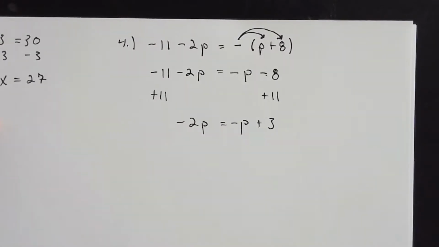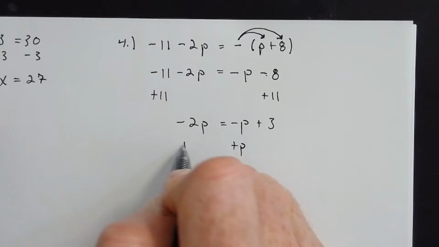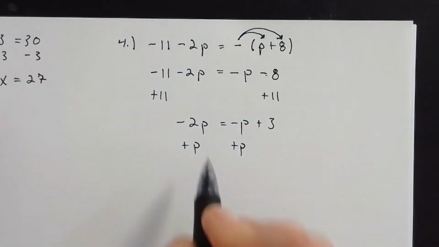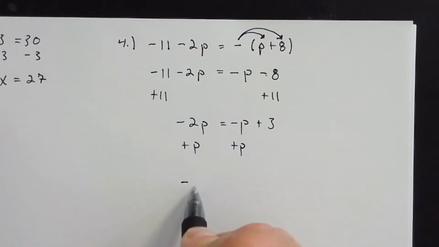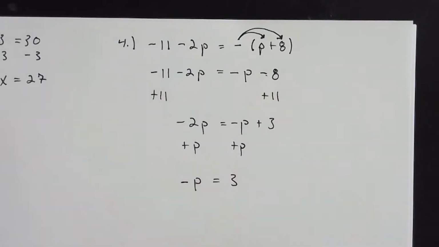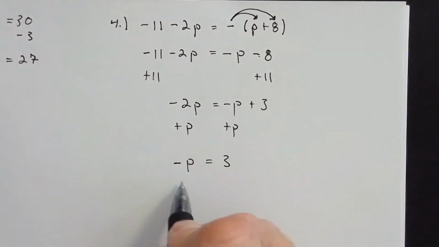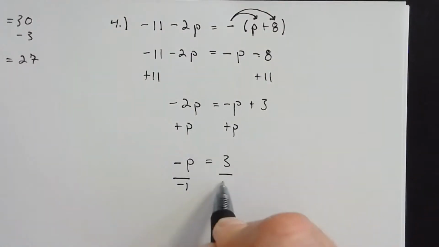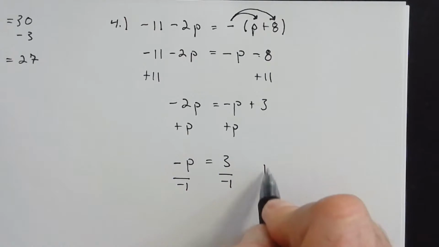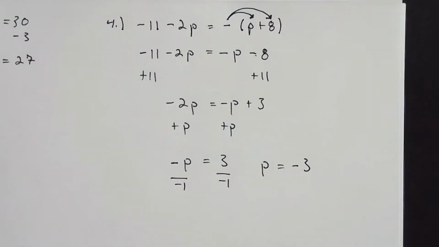Now we'll get the p on the left side, so we'll add p, and then we're at negative p is equal to 3. And then we divide by negative 1. p is equal to negative 3.